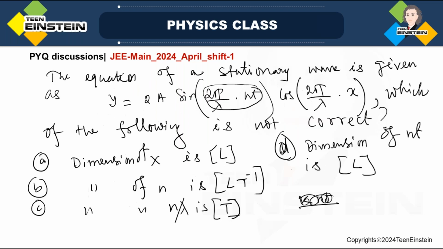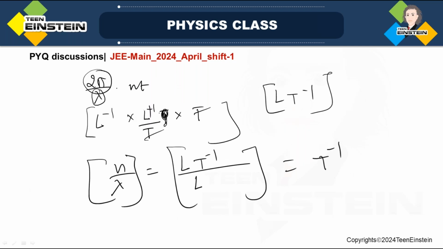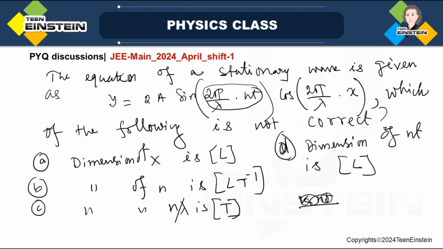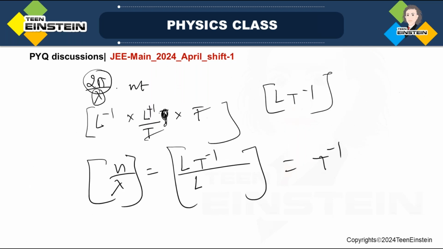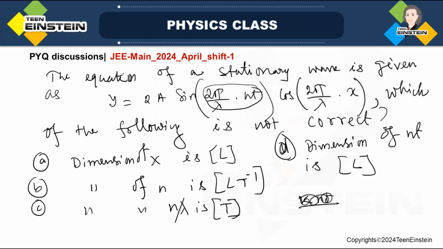That is why option C would be incorrect. It should be T to the power minus 1, not T. Okay, so option C will be the incorrect option here.